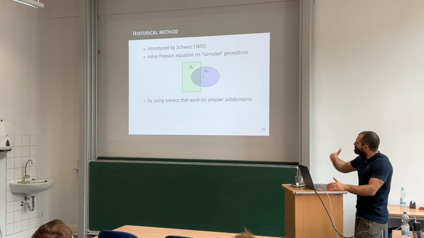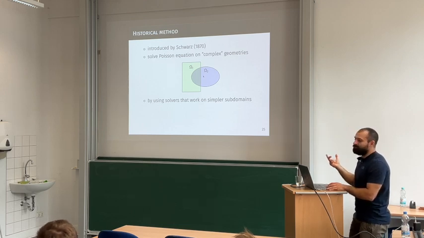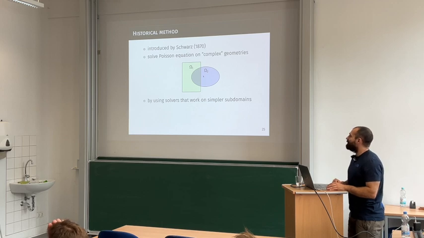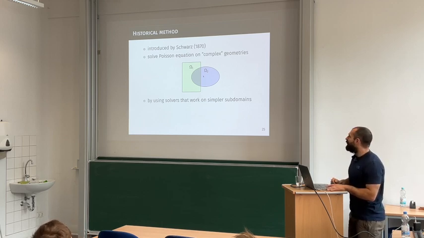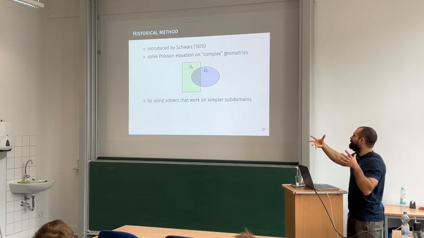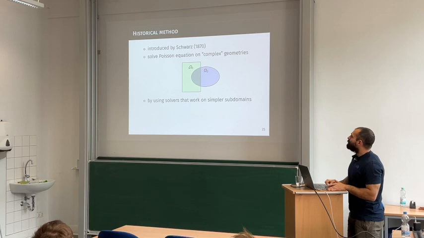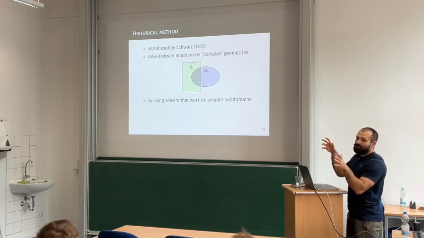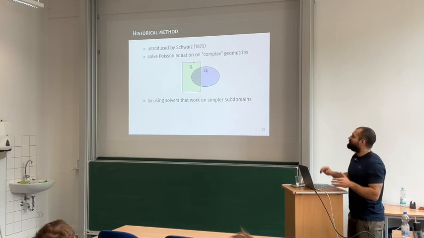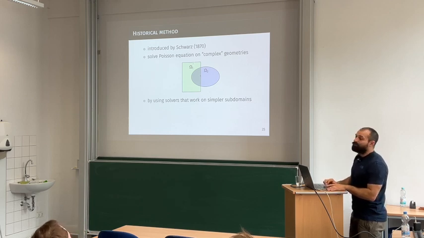Then, a century later, with the advent of parallel computing, we realized that this is naturally suited to distributed memory parallel computing, where instead of doing an exact factorization of the problem discretized on the full domain, you compute the factorization of the problem stemming from each subdomain, a little bit like block Jacobi, but this time with some sort of overlap.